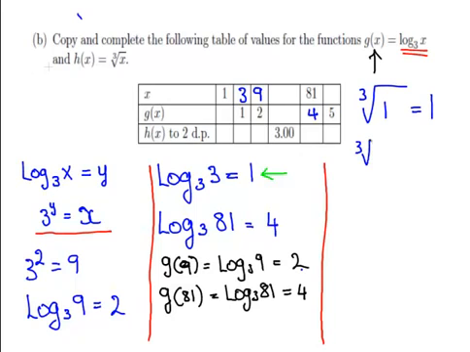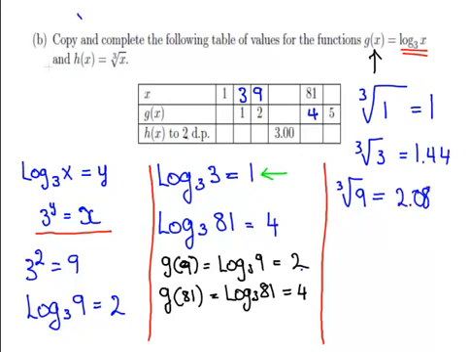Cube root of 3 is equal to, wait a sec, 1.44. Cube root of 9 is equal to, let's see now, I'm working on my calculator here, 2.08. Again, we're told we can do it to 2 decimal places.